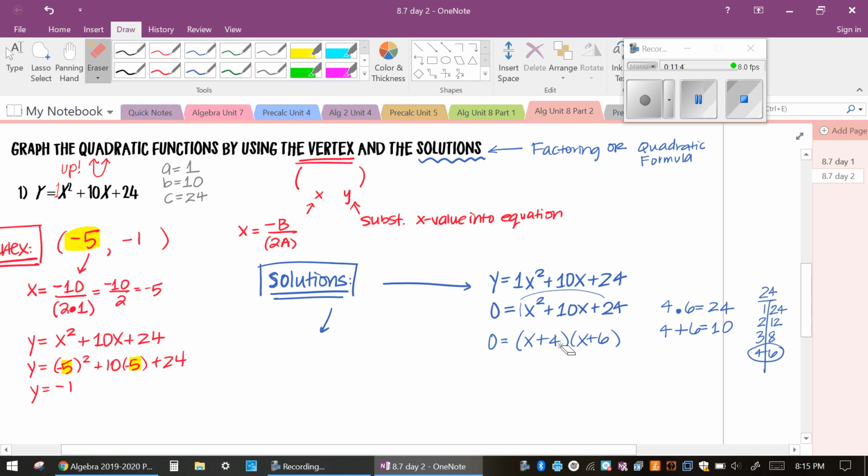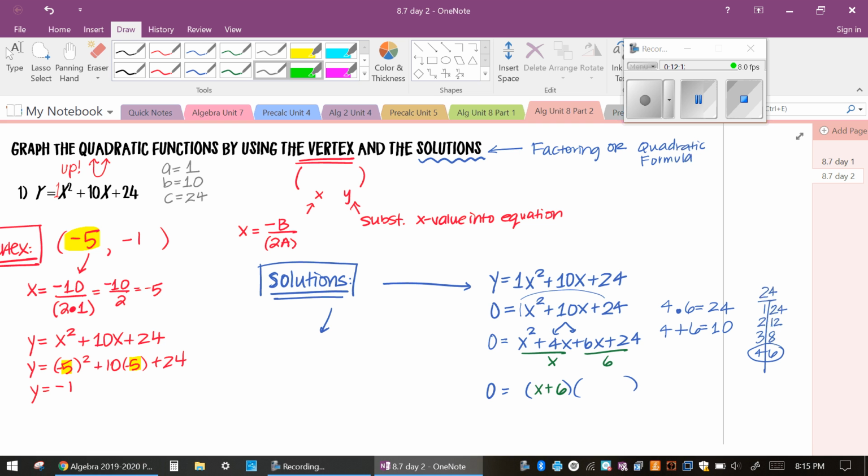If you don't like the shortcut, you would split the middle into a 4x plus 6x. Then take the GCF of the first two terms, GCF of the second two terms, and then you would get x plus 6, which are your GCFs, and then the remainder from dividing these two by the GCF of x and these two by the GCF of 6, you should end up with x plus 4.